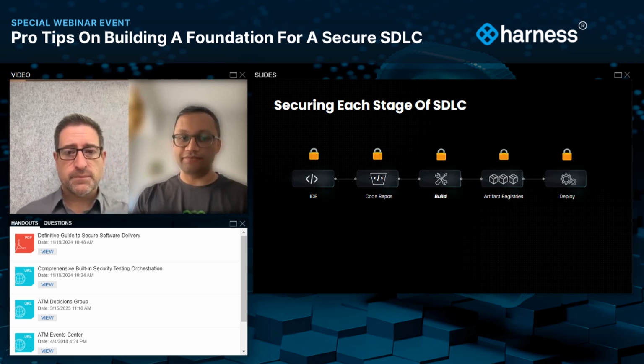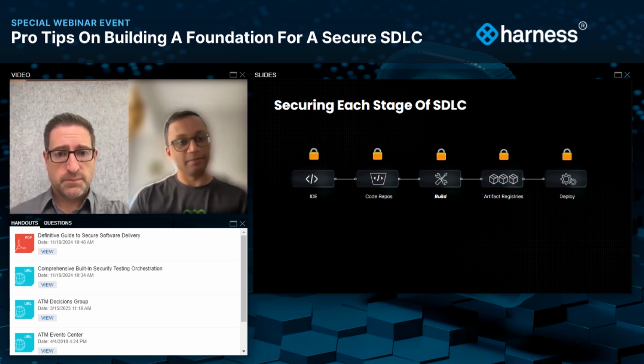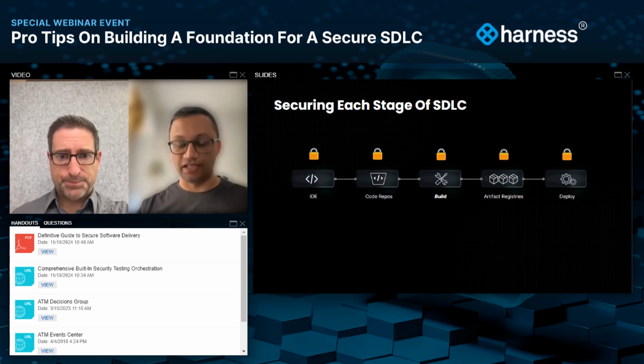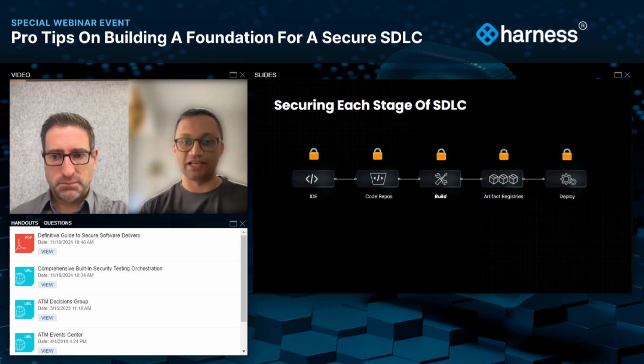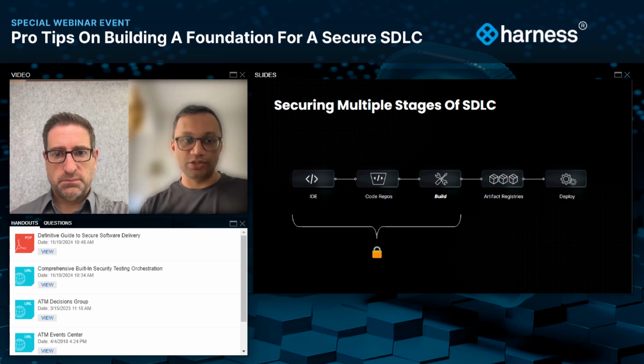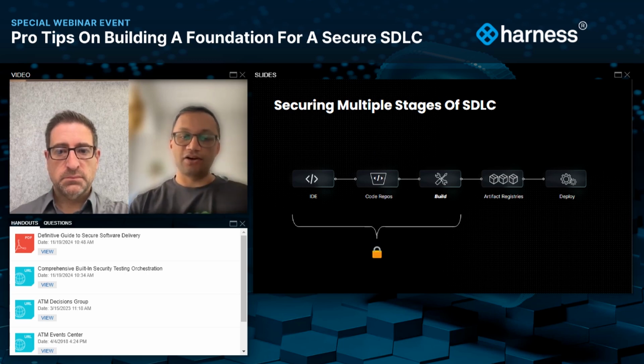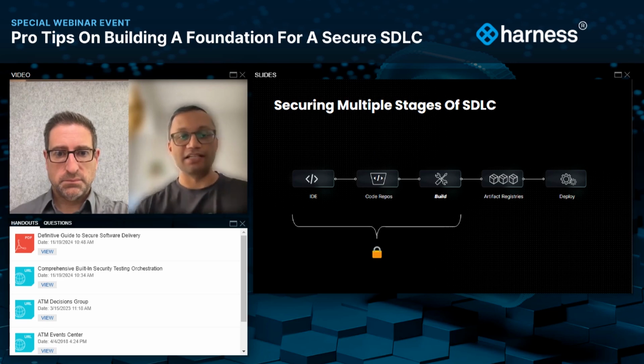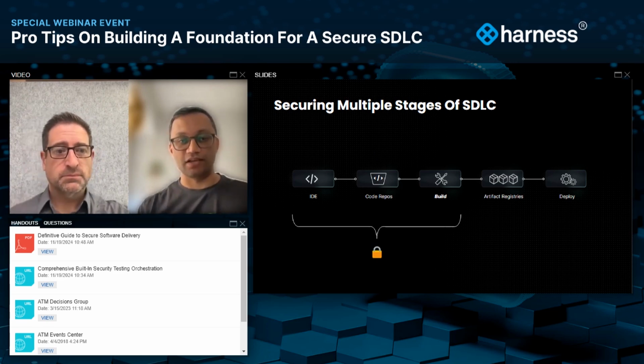What we have seen our customers do, and what we also recommend, is starting off with securing each stage of the software delivery lifecycle. So secure the IDE, secure the code repos, secure the build stage, secure the artifact registry, as well as the deploy stage. Once you have done that, depending on the configuration of your particular pipeline, you can actually secure multiple stages together. In this example, what we have shown is you can secure the IDE, code repos, and the build stage together.